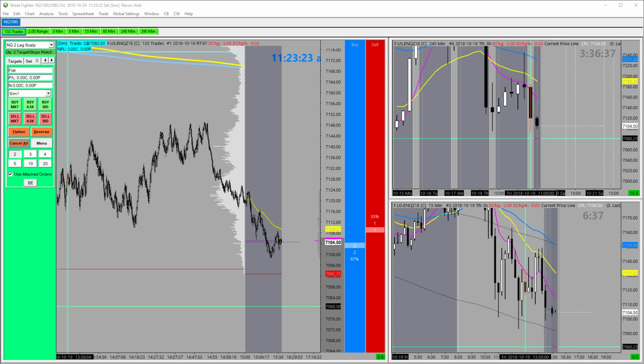So that's another thing that I want to work on. There are some really good price objectives to look for in the market, and trying to find the balance between scalping and trending is always tricky.